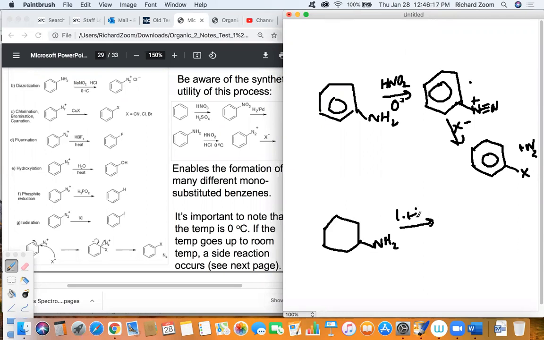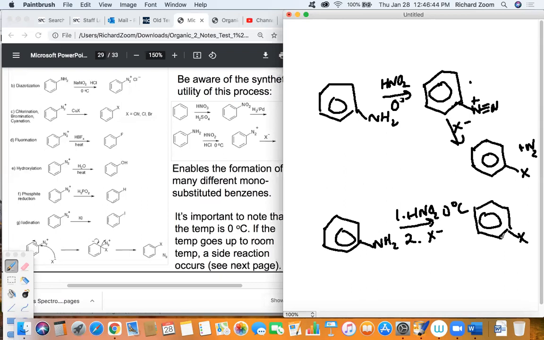You can make it a two-step process. And that'll replace the NH2 with the X group as well. So either way is fine.